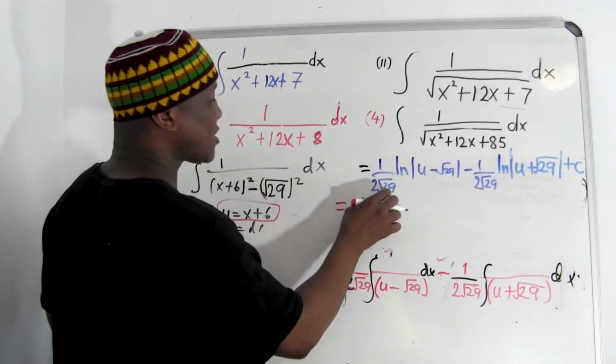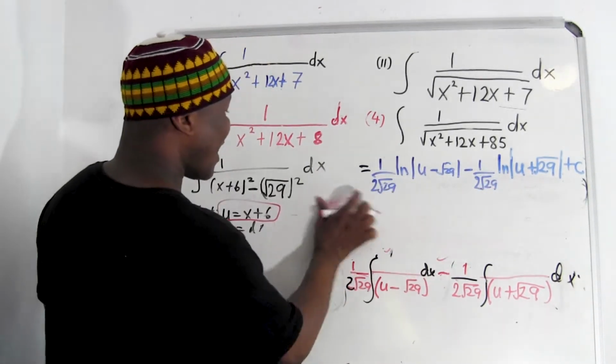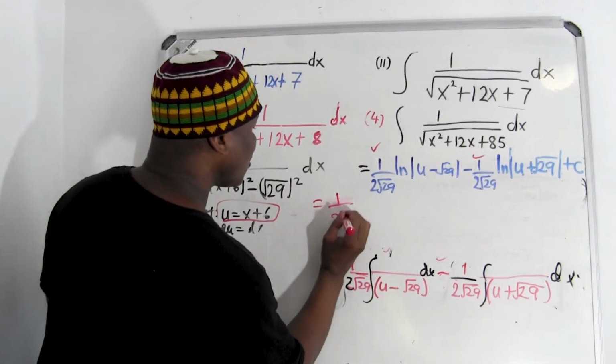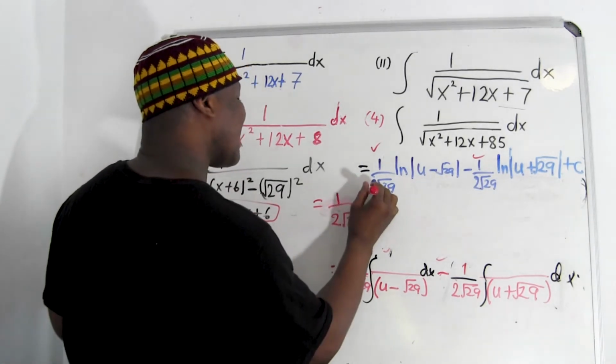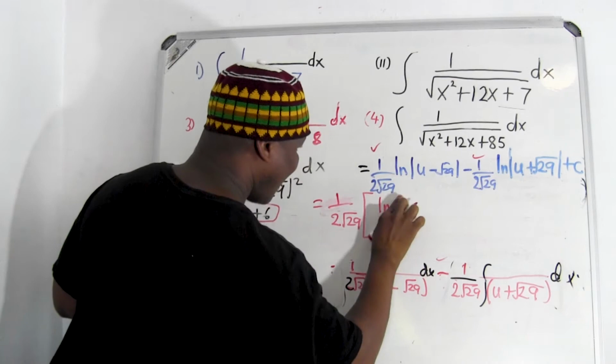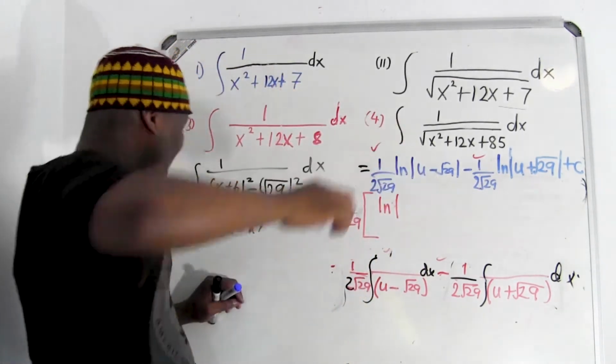First and foremost, I can take this out if I want. I know this is constant, so I can say it's equal to 1 over 2 square root of 29, and then I put all of this in one bracket: ln absolute of u, and u is x plus 6.